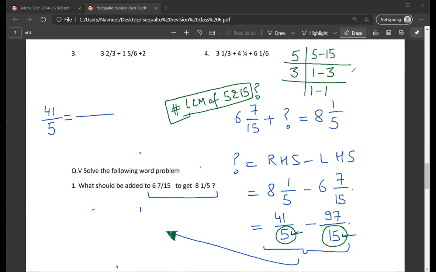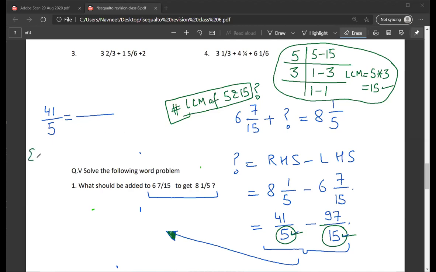Yes, sir. So the LCM would be 5 into 3 is equal to 15. Is there a doubt? No, sir. So the LCM of 5 and 3 would be 15. Mr. Sarthak, is it okay? Yes, sir.